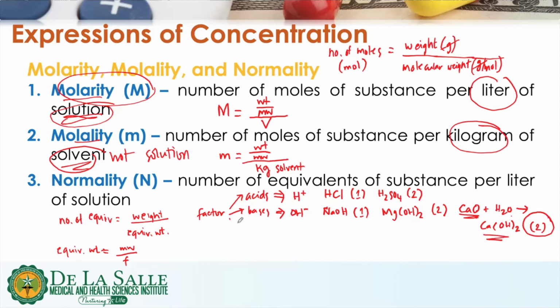Now, there are also cases where we have to deal with salts. When it comes to salt, it depends on what is being asked. So we can either use the cation charge or the anionic charge, depending on what is being asked.